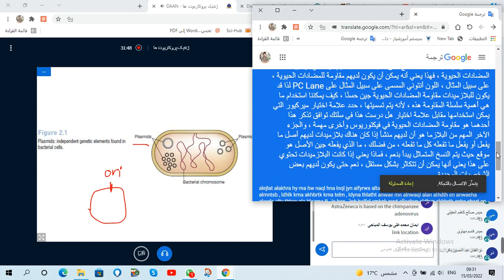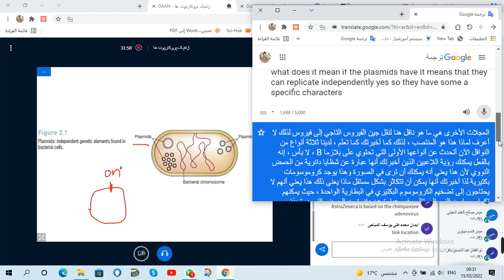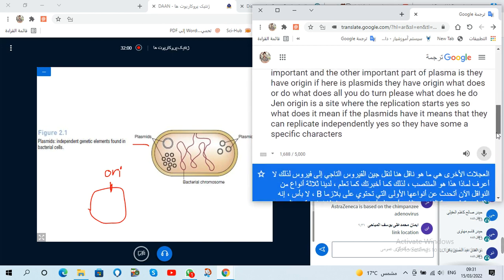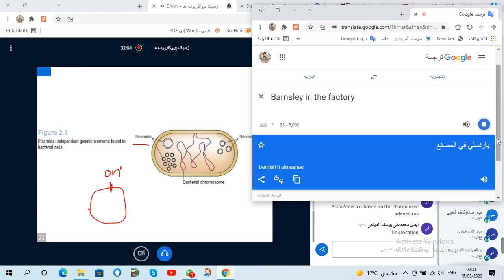For example, they have antibiotic resistance, independently in the bacteria. We have so many different plasmids in one bacteria.